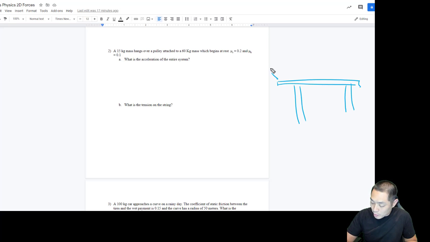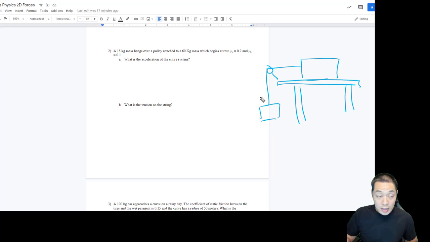On this table we have a pulley, and we have a mass right here attached to a string, which is attached to another mass right here. So remember, the string, or tension, delivers the same amount of force, but it just pulls from opposite ends, or it changes direction. So here, force of tension's up, but here it's to the left. So it not only pulls in the opposite direction, but also changes direction if there's a pulley.